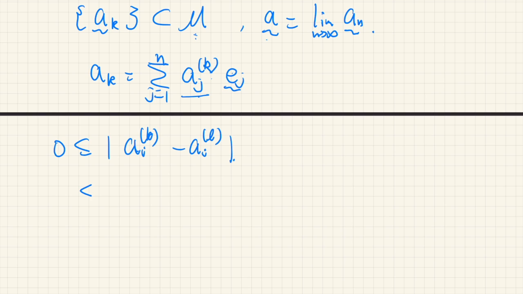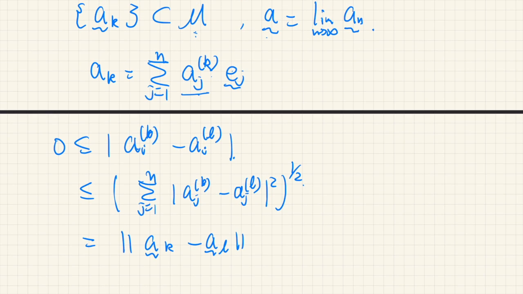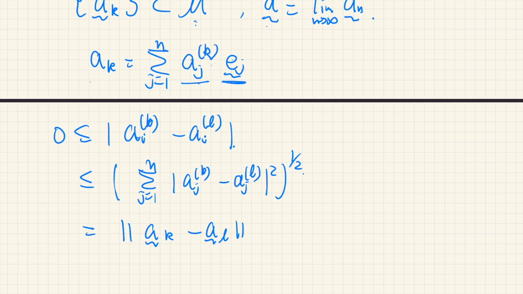And this is less than or equal to the square root of the sum over j from 1 to n of the squared difference a_jk minus a_jl. But this is the norm of the difference between a_k and a_l, because we are representing a_k and a_l using this orthonormal basis.